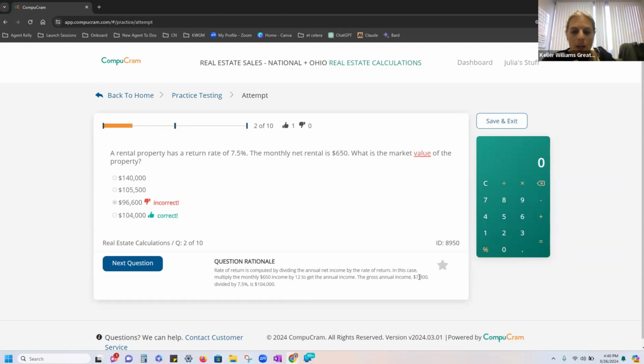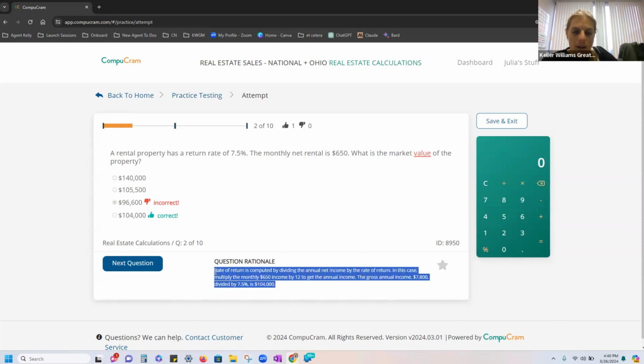And then you get a gross income of $7,800. So then you divide that by 7.5%, and then you get $104,000 as the market value of the property. So the correct answer is D.